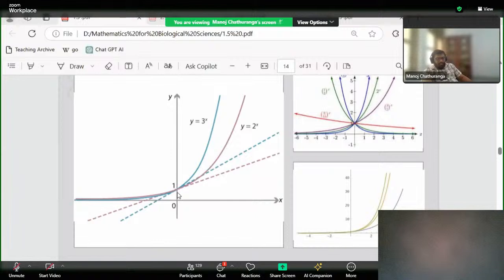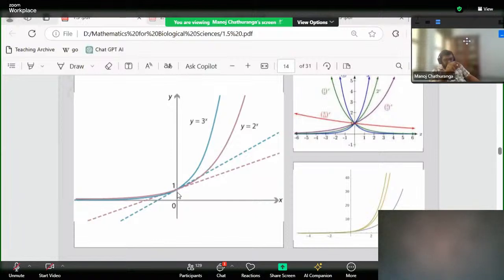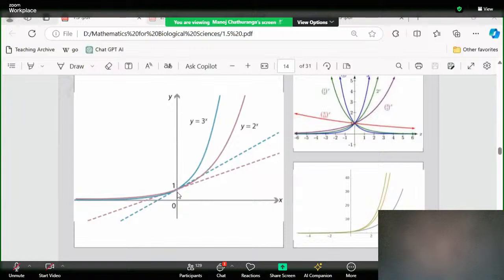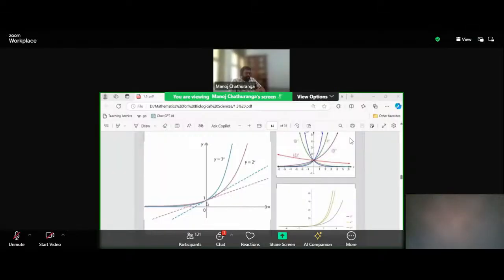You see how these functions go through (0, 1), but you cannot really recognize them.